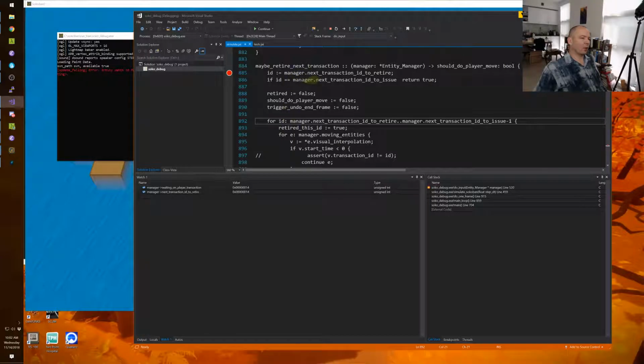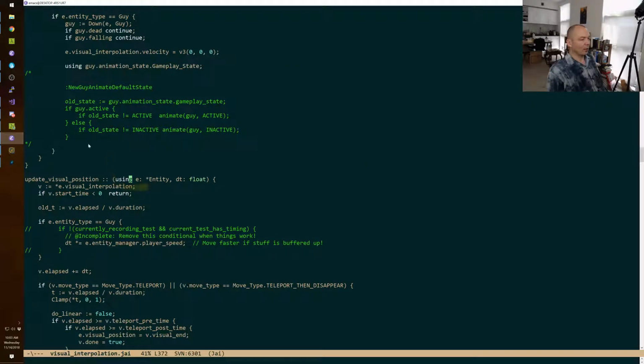So now the funny thing is, this maybe retire next transaction is only supposed to get called once in a while, when a previous visual interpolation completes, and we did mess with the logic about who completes when, but I don't think the problem is that it's not ever completing, because in non-test mode, we're able to walk around.